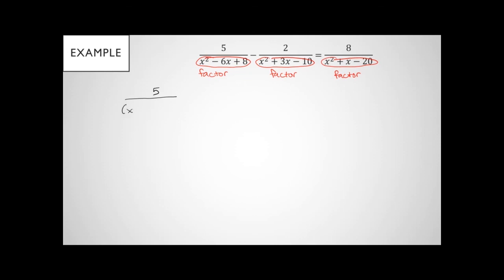That's going to be x minus 2, x minus 4. So as I said, you want to be able to get really fast at this factoring. x squared plus 3x minus 10, that's going to be x plus 5, x minus 2. And then 8 over x squared plus x minus 20, x plus 5, x minus 4.